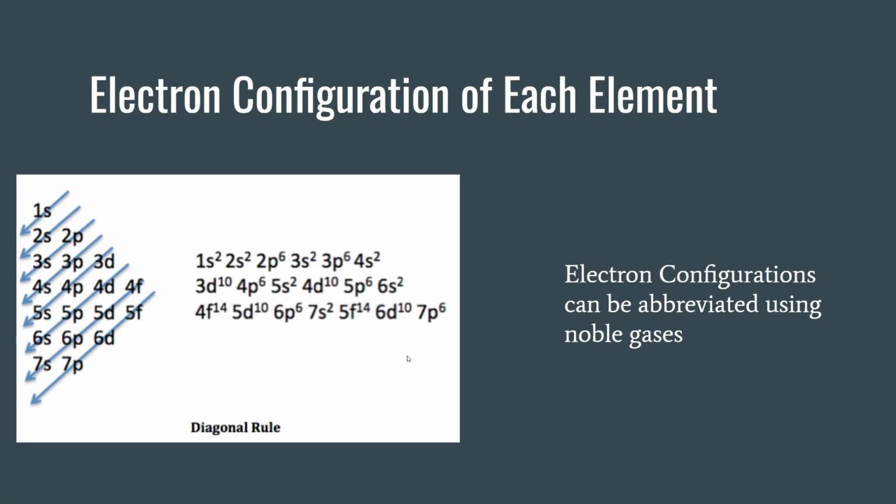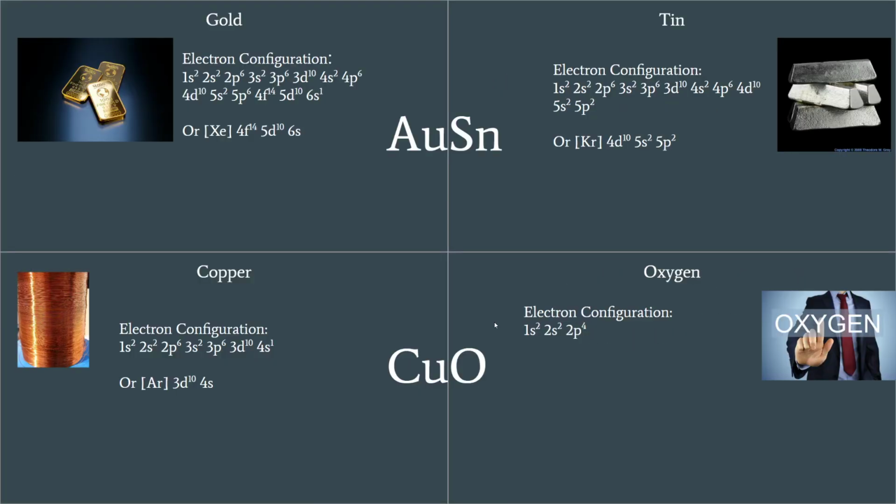And this can be abbreviated by using noble gases to summarize the first chunk of the electron configuration by just saying that it is equal to that noble gas.